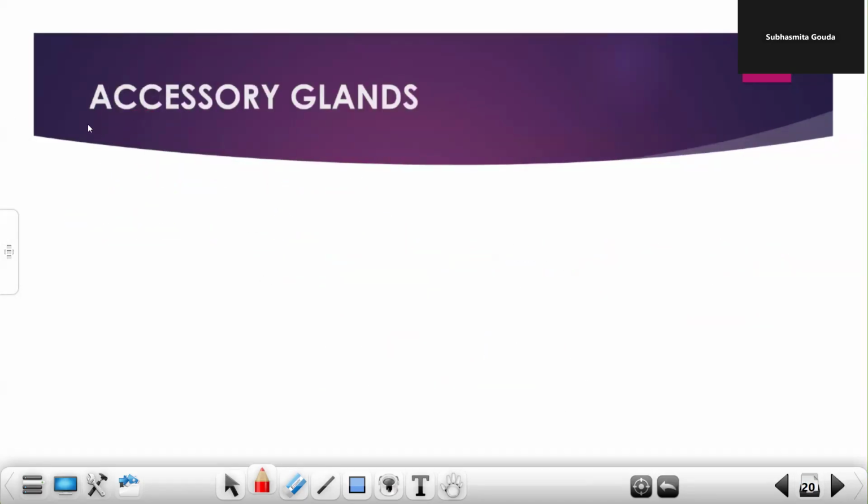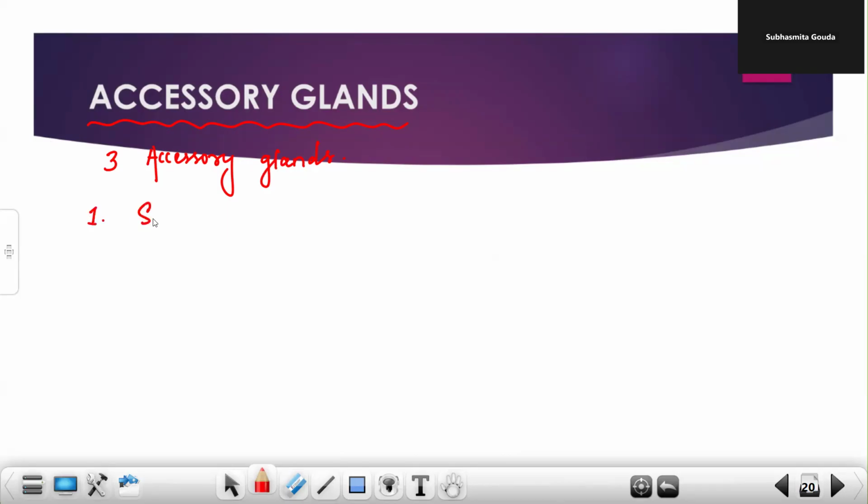Next part is the accessory glands. There are three accessory glands. First one is the seminal vesicle, then the prostate gland, last one is the Cowper's gland. So I will write here.